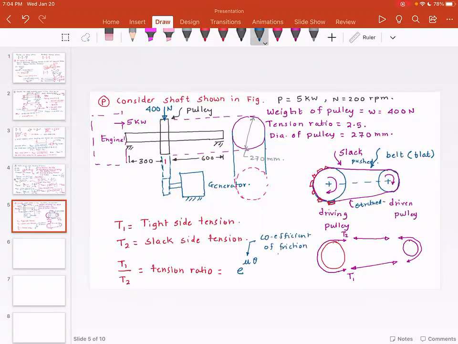between the belt and pulley, and theta is the angle of overlap. In other words, this is angle theta.